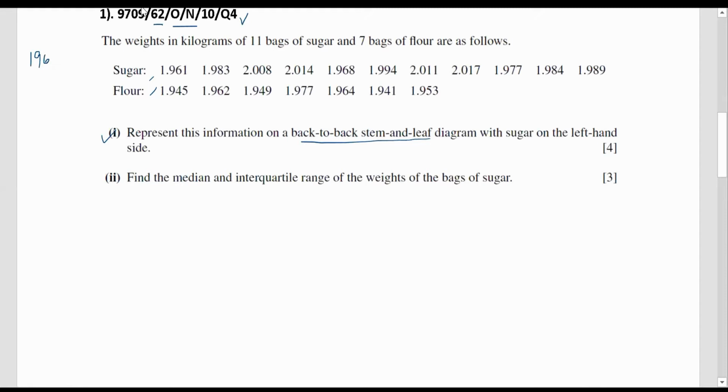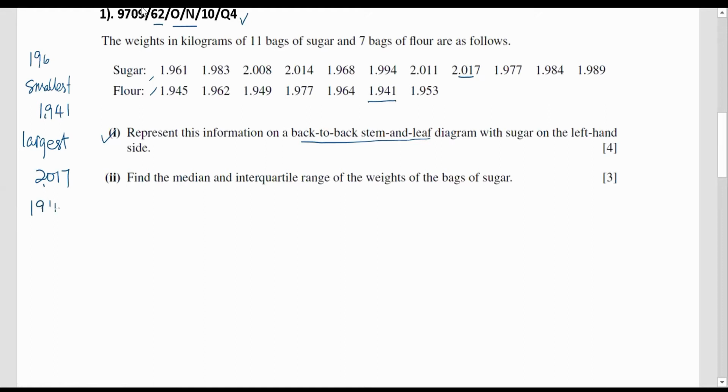Let's find out the smallest value from these two sets of data. 1.941 is the smallest. And the largest value? 2.017.